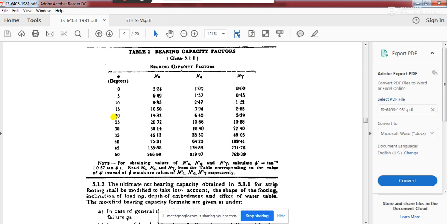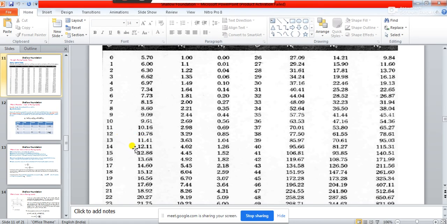So if you get a chart for Terzaghi's table, let's say you get the values of NC, NQ, N gamma for 15 degree and 20 degree. Let's say you know the values for 15 degree and for 20 degree. So for 15 degree for Terzaghi, what are the values you see? 12.86, 4.45, 1.52.